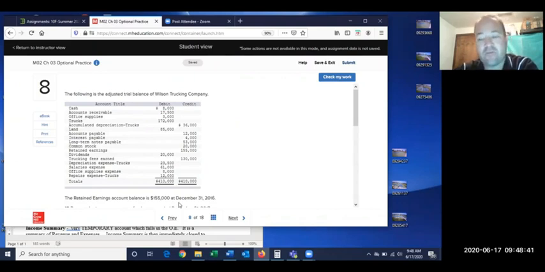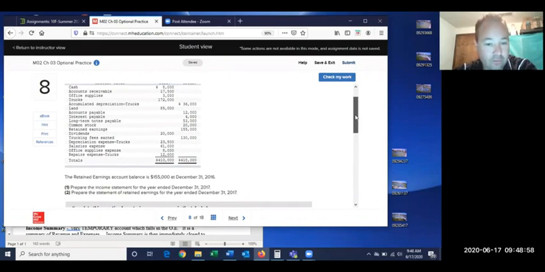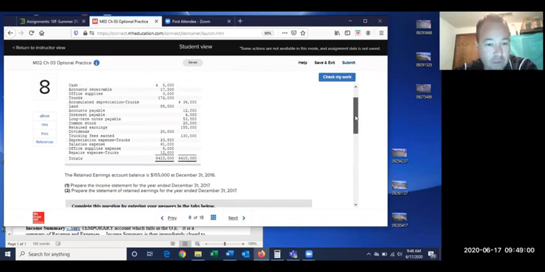And then number 10 finishes out the same problem by doing the balance sheet. So this is kind of a review, but it's going to help us to see where the retained earnings numbers come from, as with our closing entries. Hopefully we've got a good feel for these.